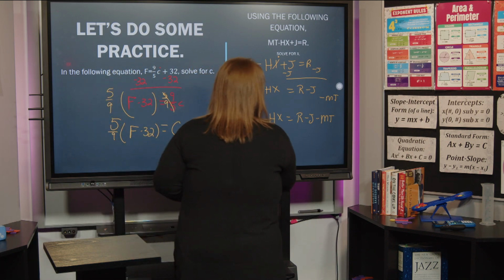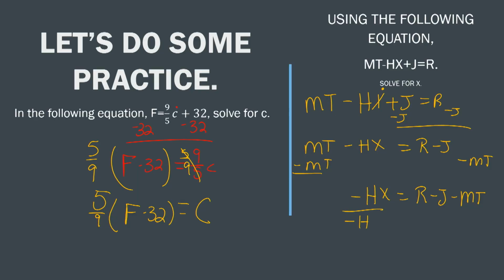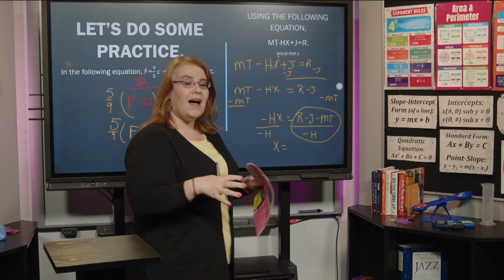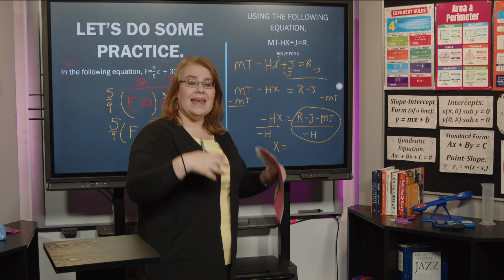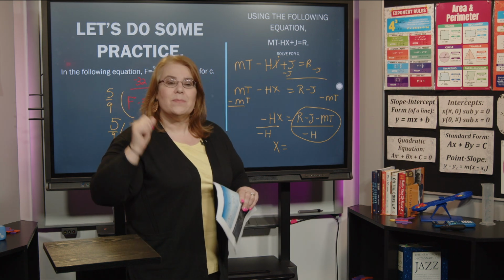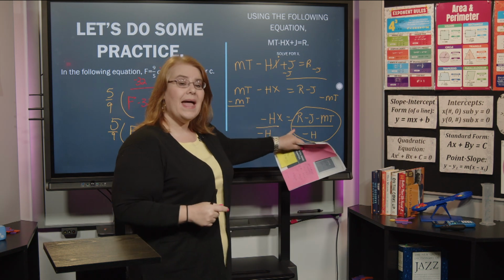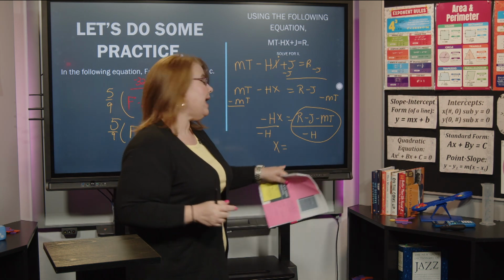I'm going to go ahead and divide by the negative h everywhere. So x equals. Now, I see what I have here on the right, but then I have to remember, when I divide, a negative divided by a negative is a positive. So I can go ahead and show that in my answer.